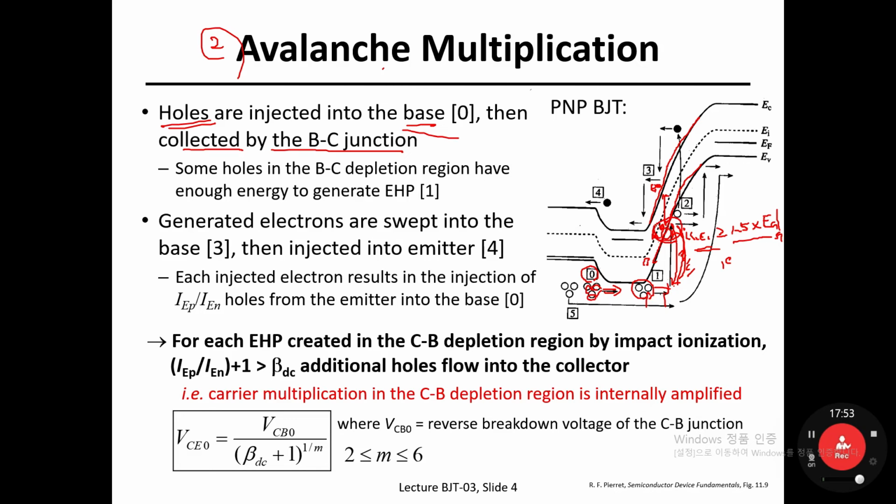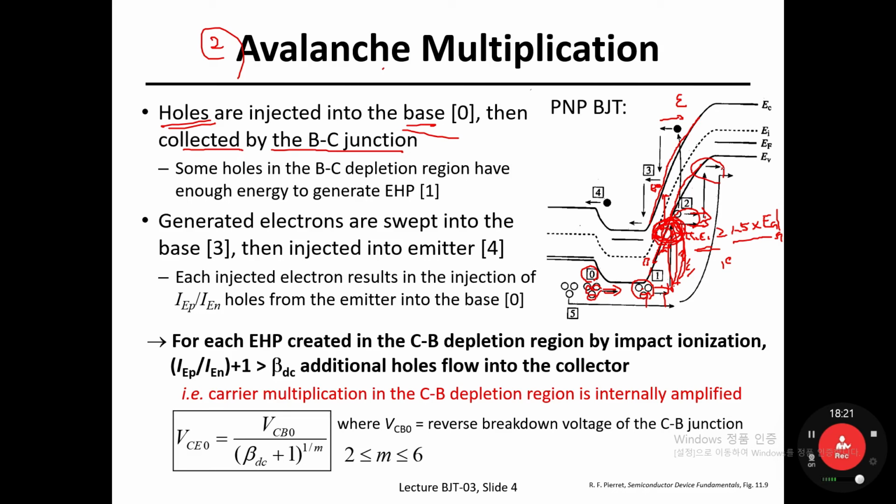Then at this position, one hole can induce one additional hole, so the total number of holes available at this position is 2. One hole can create two holes, and these two holes would be accelerated again because of this built-in electric field, so the two holes would induce two additional electron-hole pairs. In the end, four holes would be created.